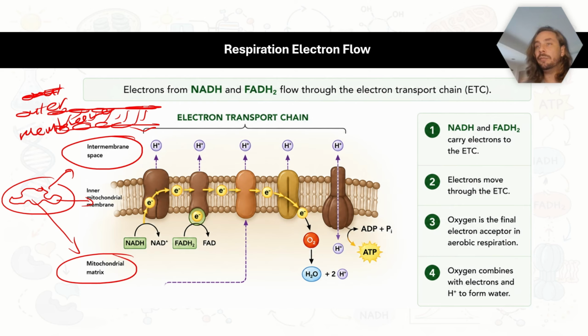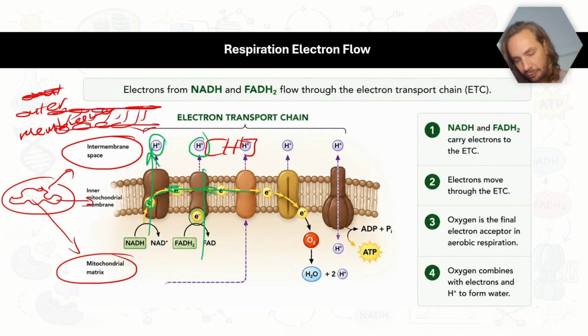So here, the intermembrane space is very, very important, because this is where we'll get a high concentration of these protons. And it works similar to the electron transport chain in chloroplasts. So every time this electron moves, it pulls in a hydrogen ion against the concentration gradient.